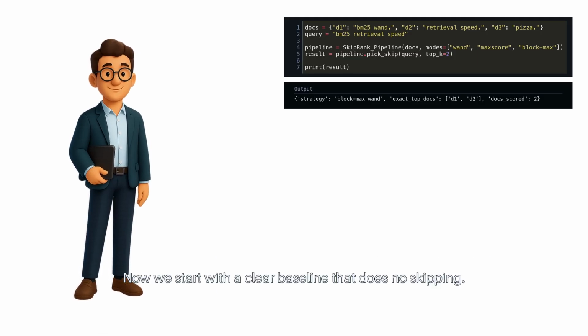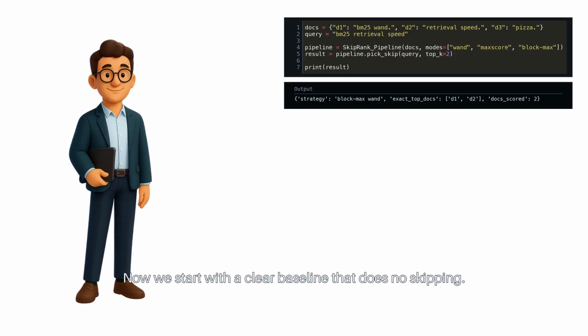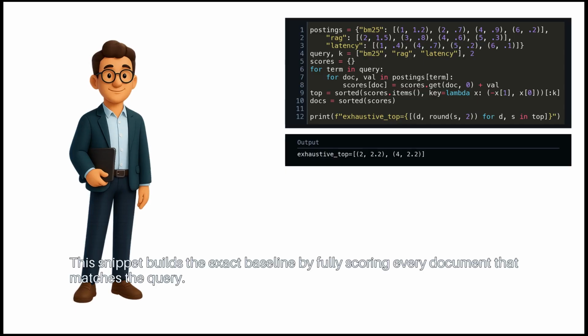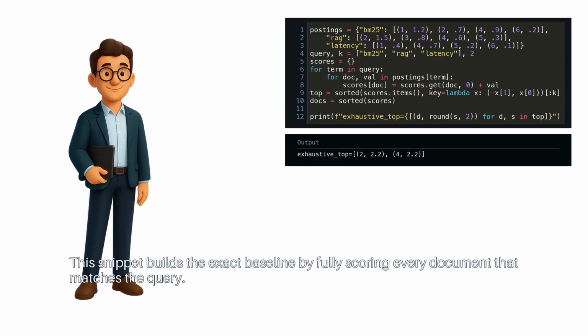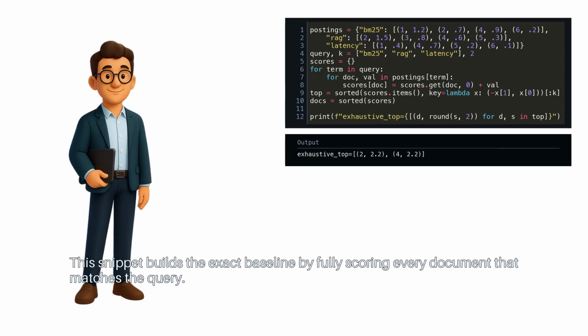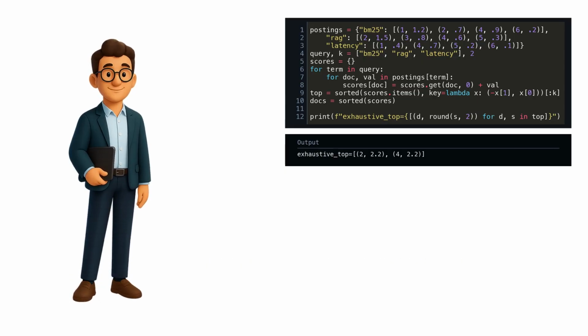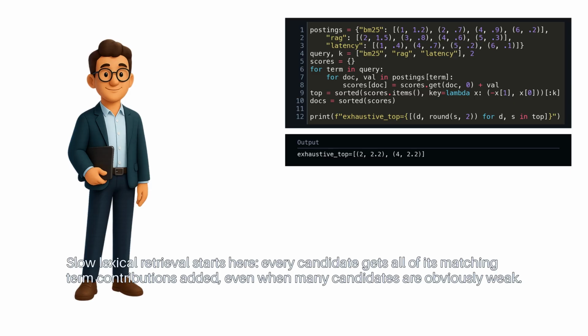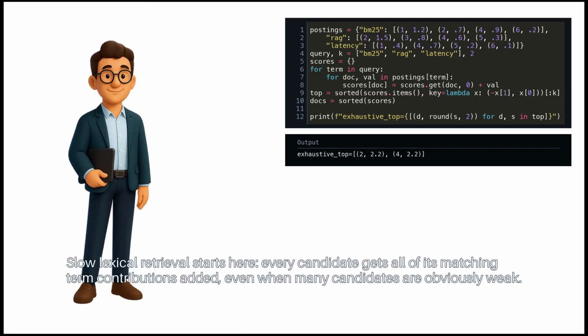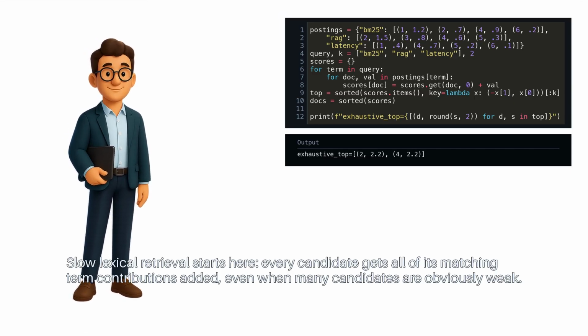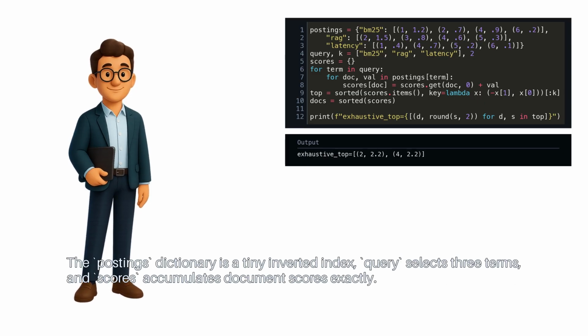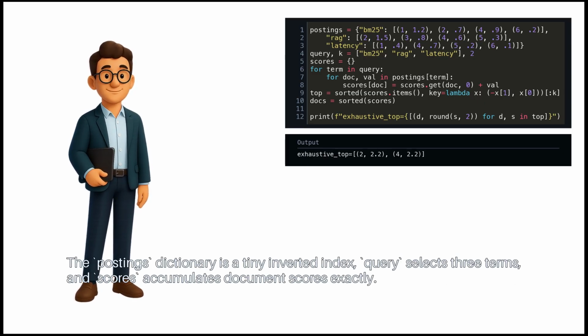Now we start with a clear baseline that does no skipping. This snippet builds the exact baseline by fully scoring every document that matches the query. Slow lexical retrieval starts here. Every candidate gets all of its matching term contributions added, even when many candidates are obviously weak. The postings dictionary is a tiny inverted index.